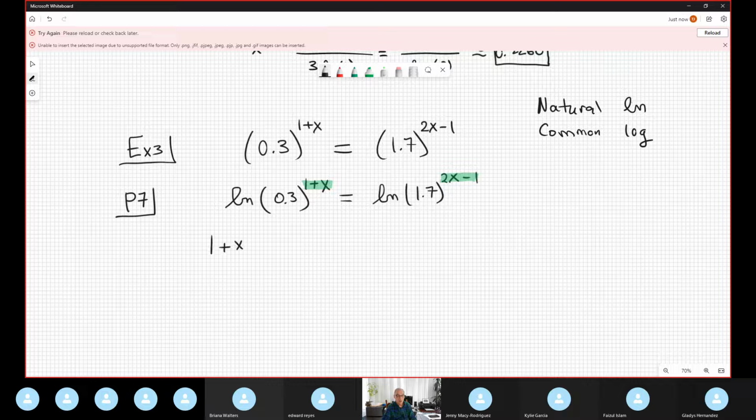1 plus x, of course in parentheses, because you consider 1 plus x like one binomial, one package, times the logarithm of 0.3. And don't forget this parenthesis to indicate that this is the argument of the logarithmic function, equal to 2x minus 1 times ln of 1.7.